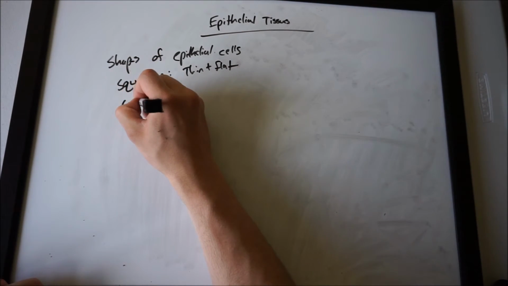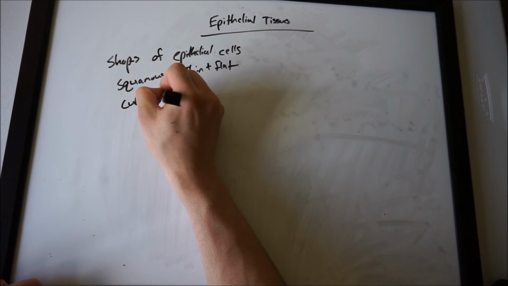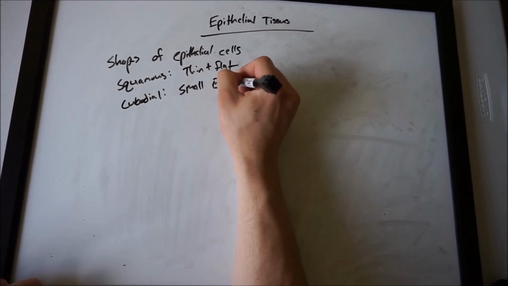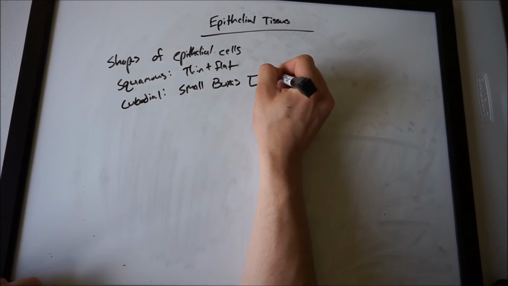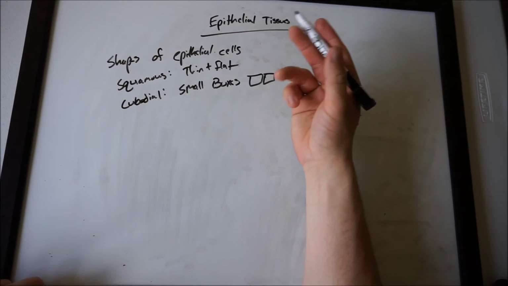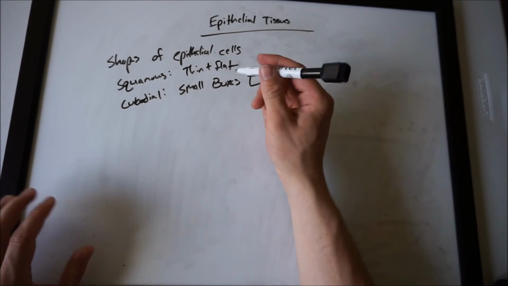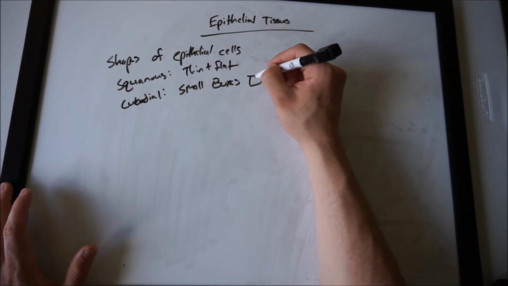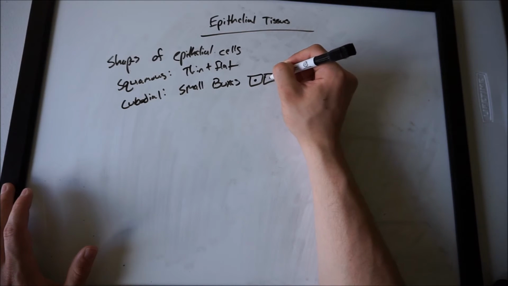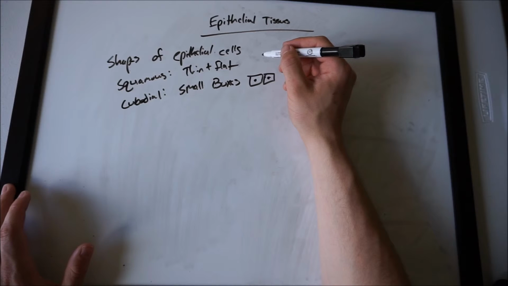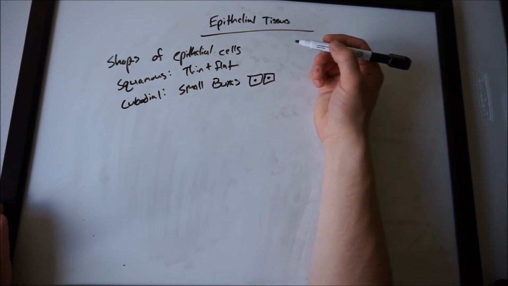There's cuboidal, which are small boxes like this in sectional view. Another way that you can pretty much recognize the cuboidal epithelial type is that the nuclei will be centered right in the middle of the cell under a light microscope.